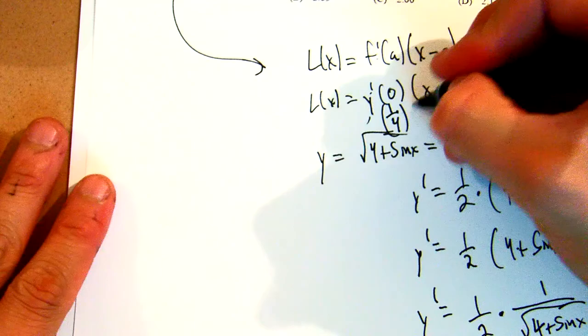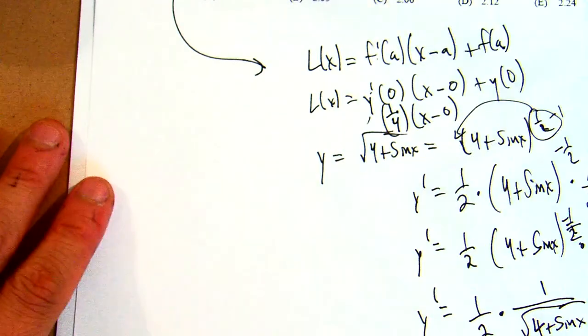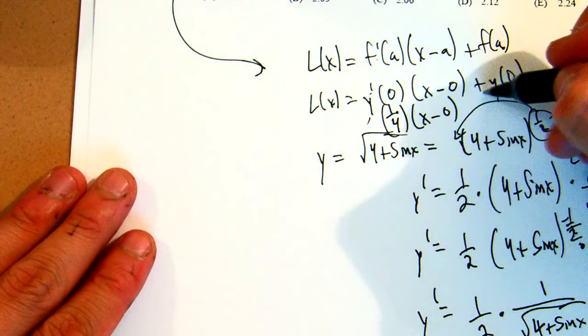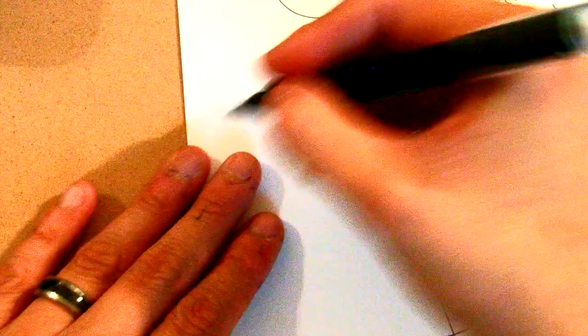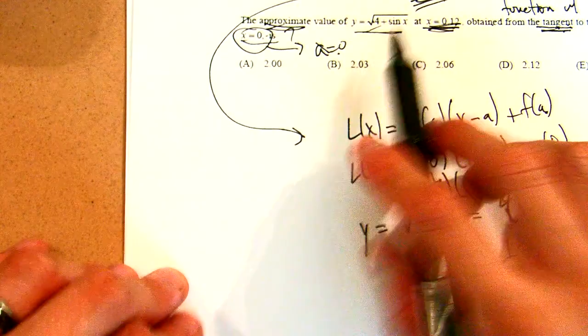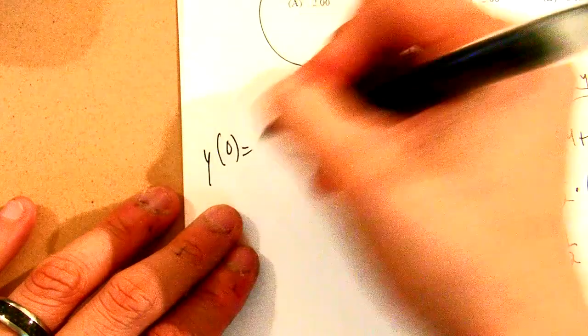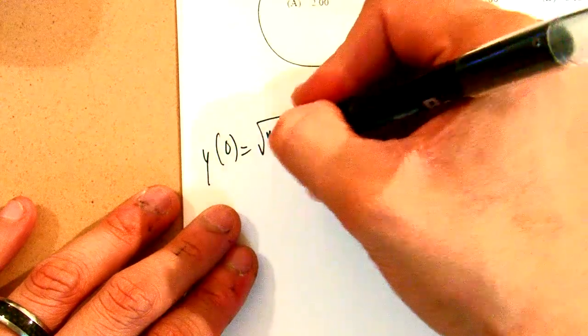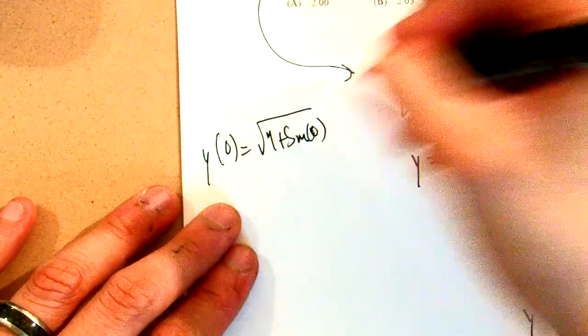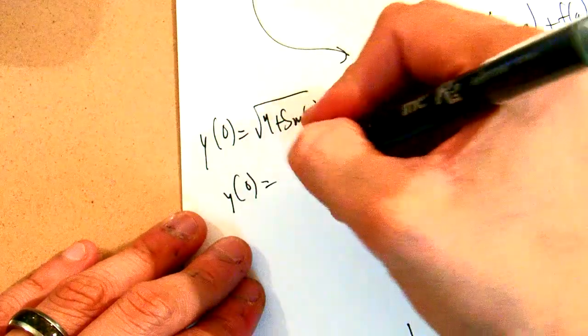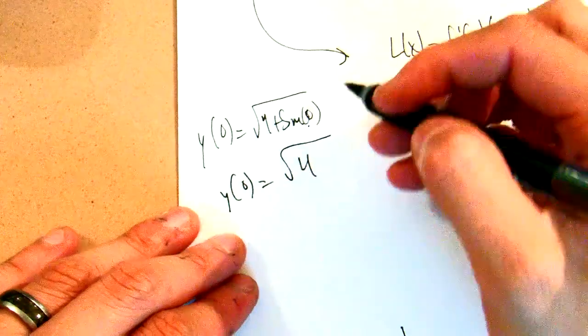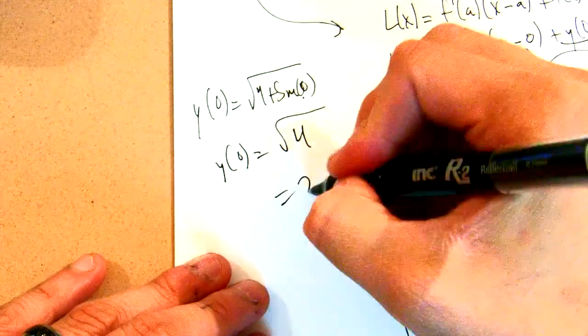Now, this stays the same. We're almost home free. Now we need to find y of 0. So just plug 0 into this guy, right? What is y of 0? It is the square root of 4 plus sine of 0. So y of 0 is just the square root of 4, because sine of 0, as we concluded earlier, was 0. And that's just 2.